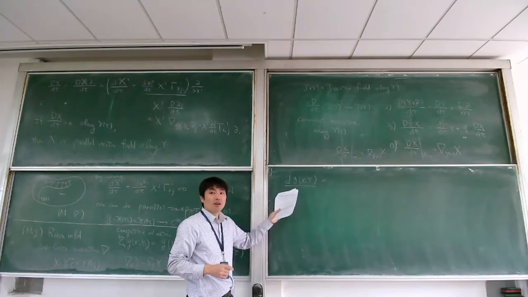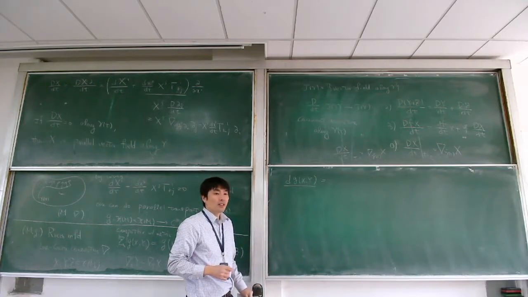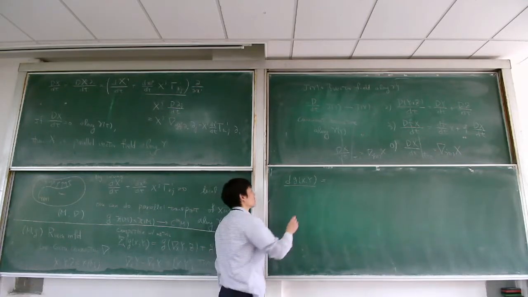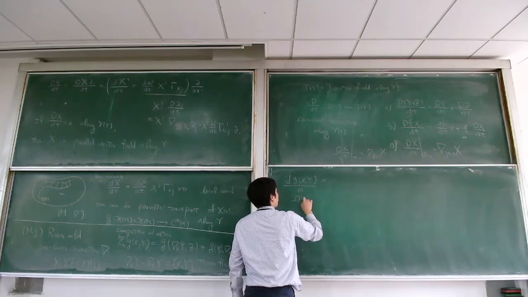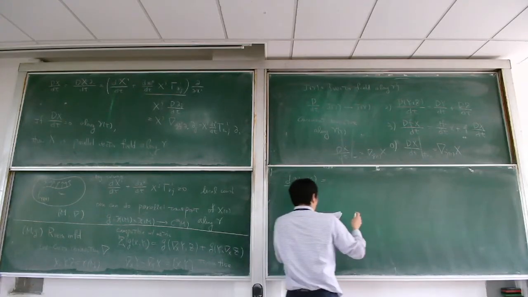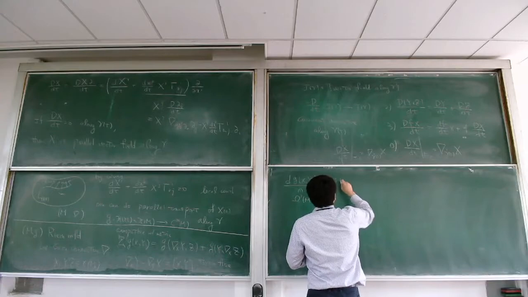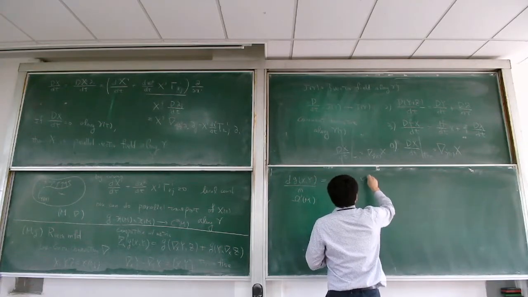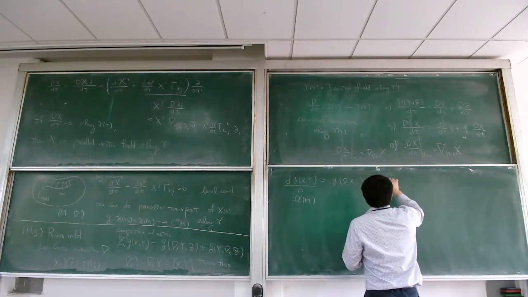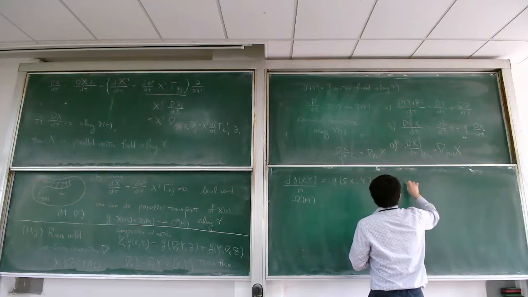Which set does it belong to? Omega 1. So this is a one-form. And then the first condition can be written this way.